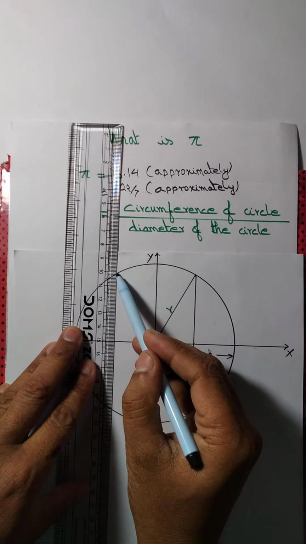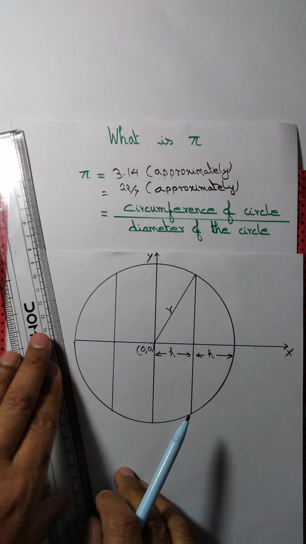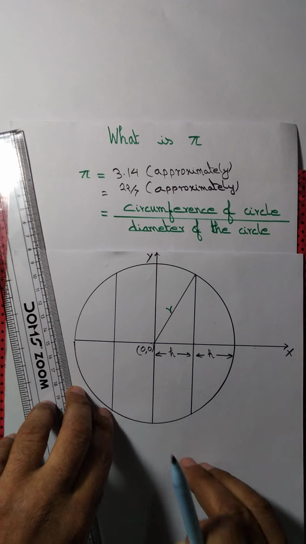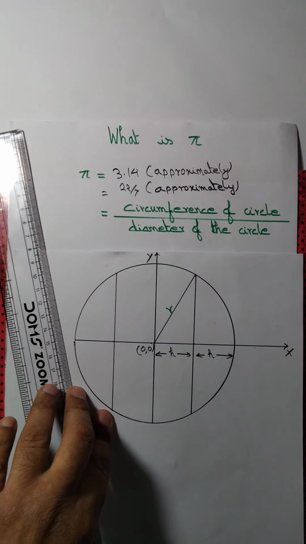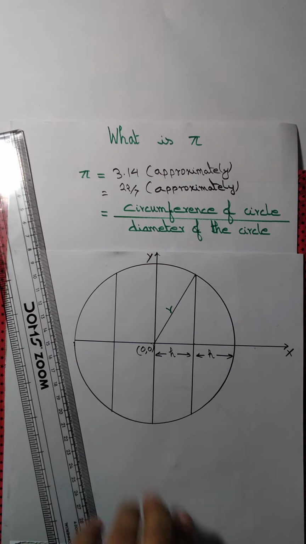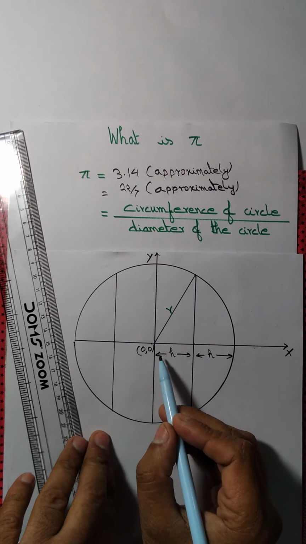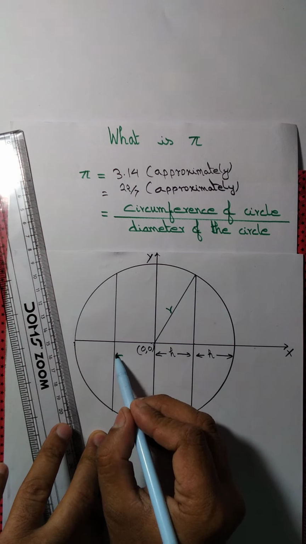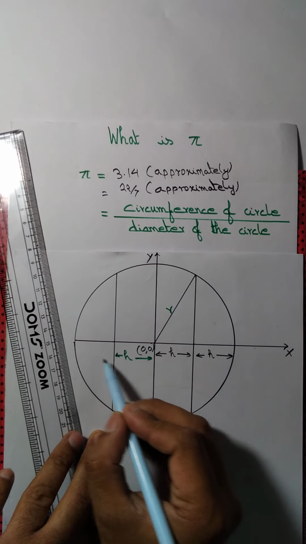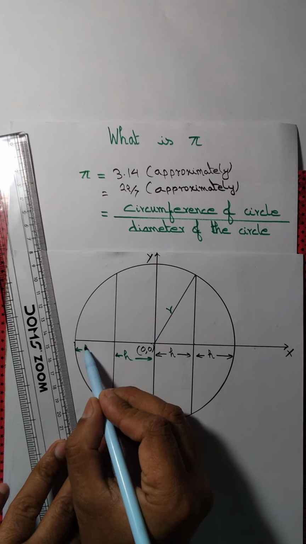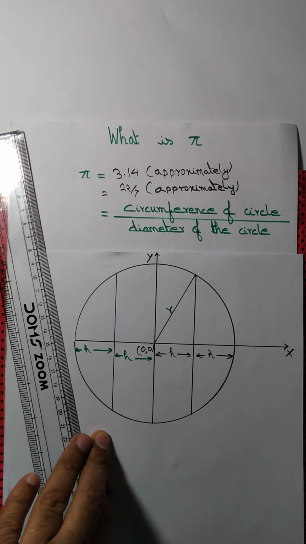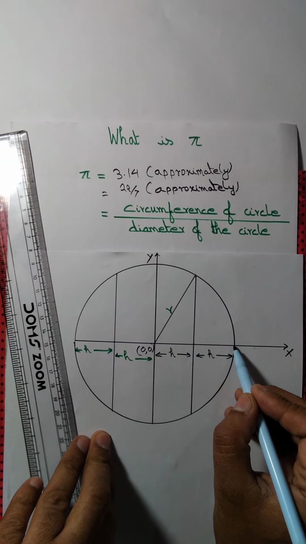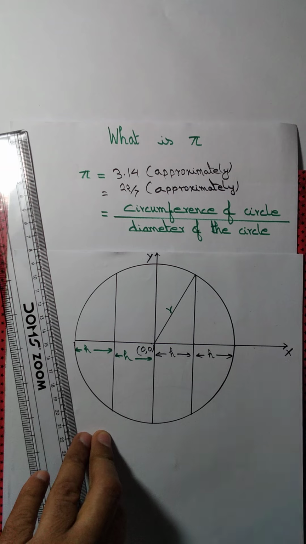We want to approximate the circle with a number of lines. Alright, so we have drawn two lines that are at a distance h unit from the origin, and also at a distance h unit from the circumference from this point.